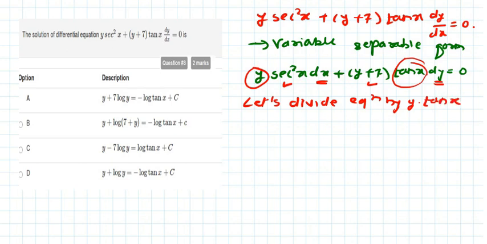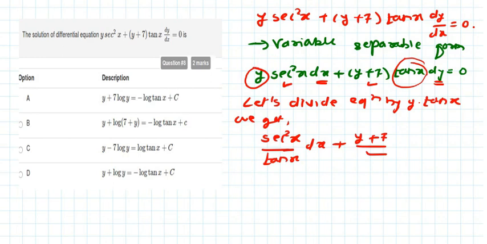So what you will get? This will be sec square x upon tan x into dx plus y plus 7 upon y into dy equal to 0.